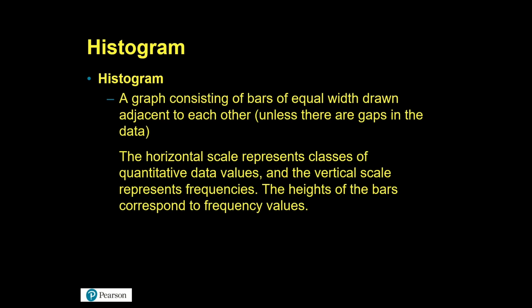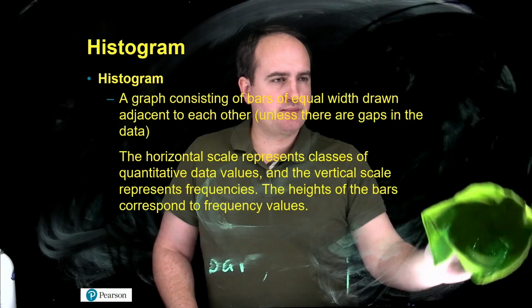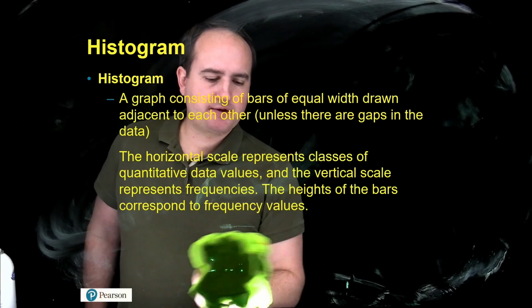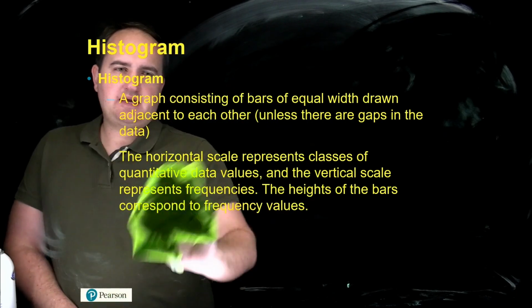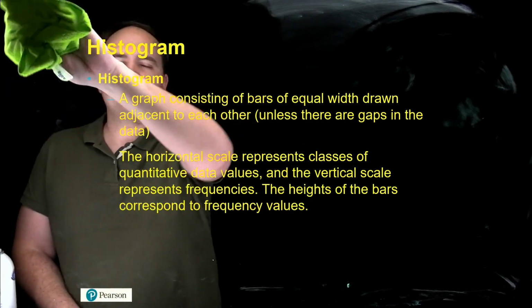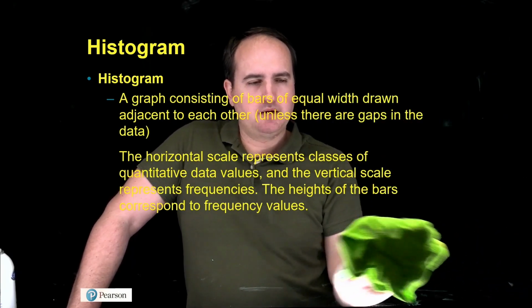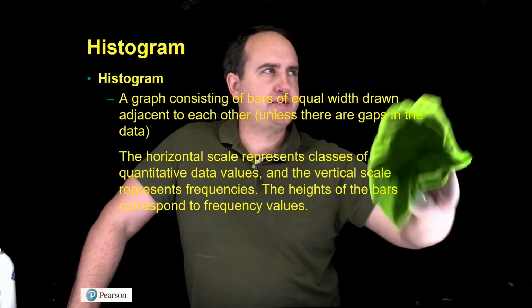As I was just saying, quantitative means that the horizontal axis has to represent numbers that have mathematical meaning. Those numbers are actually counting or measuring something, and the heights of the bars correspond to frequency values. You might even say that a histogram is a special type of bar graph, but it all depends on your definitions. Our book doesn't call it a bar graph, they call it a histogram.